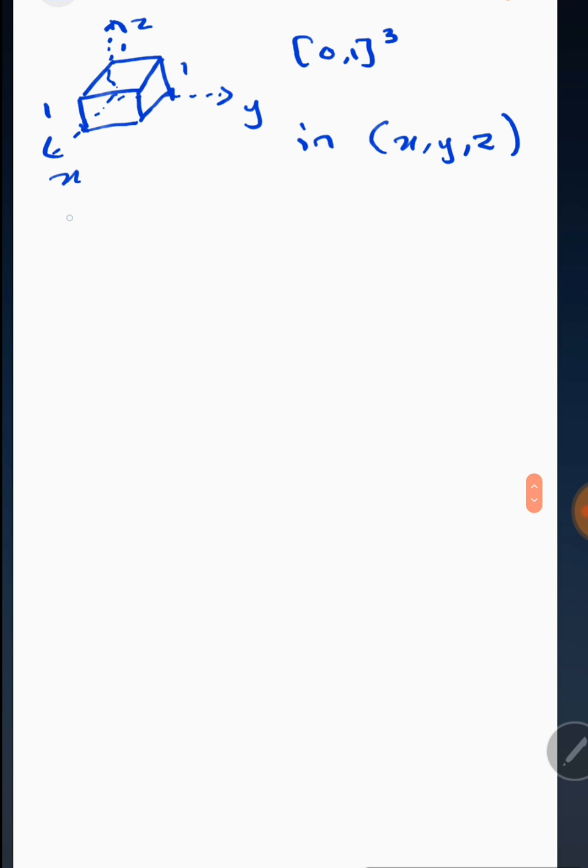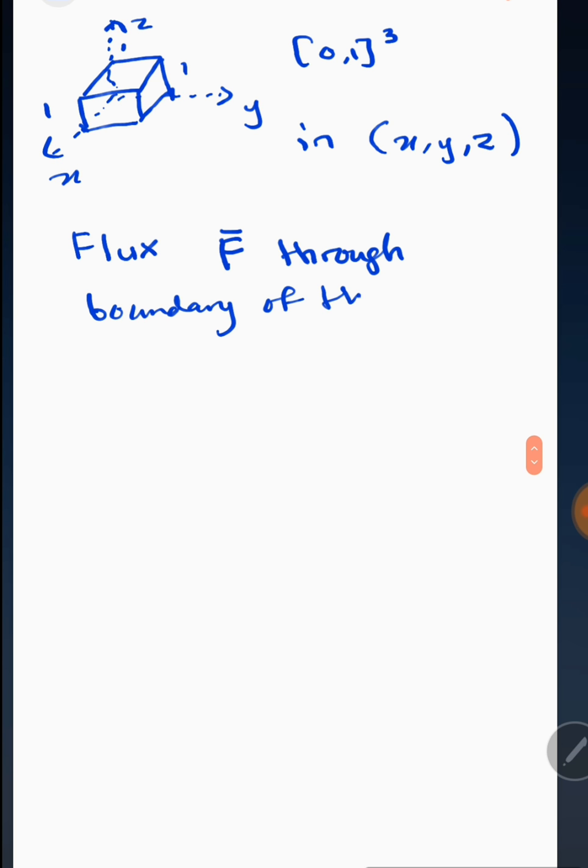What they ask you to find is to compute the flux of your vector field F through the boundary of the cube. I'm not going to write down the whole question here, as long as you get the gist of it.